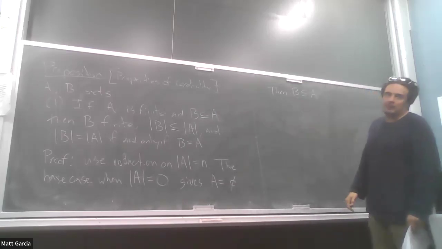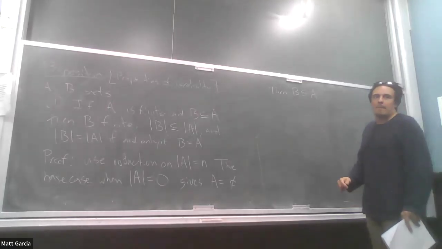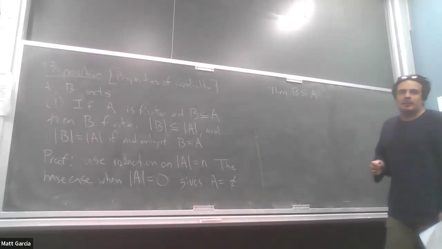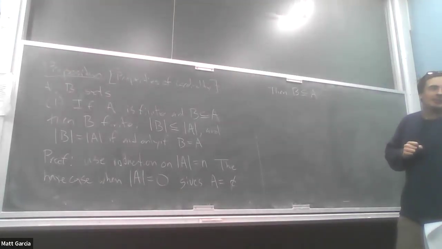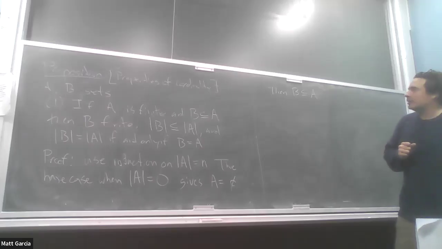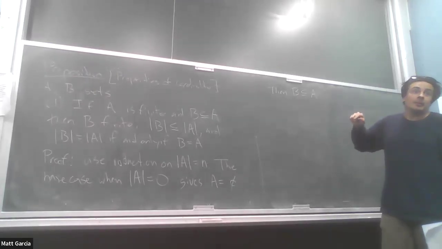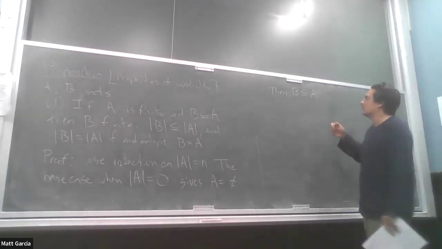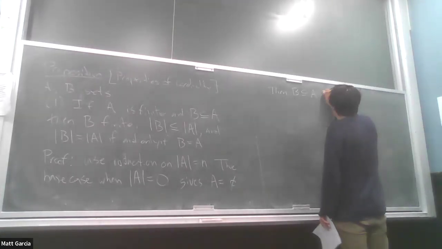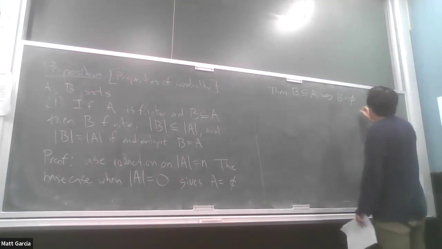What is the only subset of the empty set? Remember, the empty set is defined as the set with no elements, right? And in order for some other set to be a subset, we need to have every element of B also be an element of A. So the only subset of the empty set is again the empty set. So B a subset of A implies that B is also the empty set.